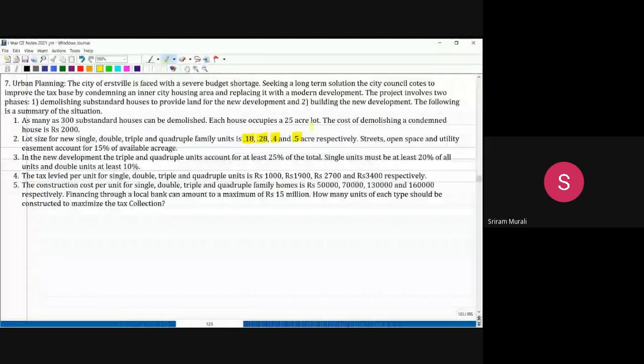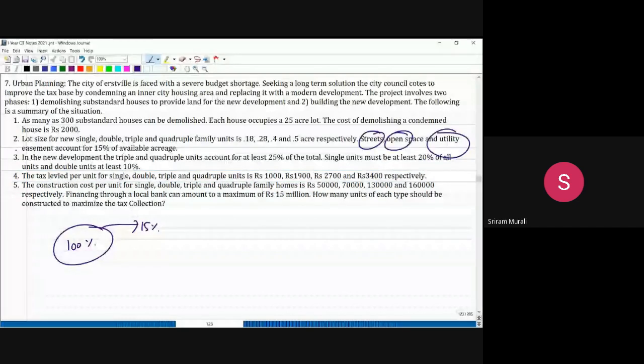If it is a 2-story building, 0.28. 3-story building, 0.4. 4-story building, 0.5 acre respectively. Suppose 100% of the land is given to me, where 15% will go to street, open space, utility and other things. So the remaining 85% will be going for the 1-story, 2-story, 3-story, 4-story buildings.